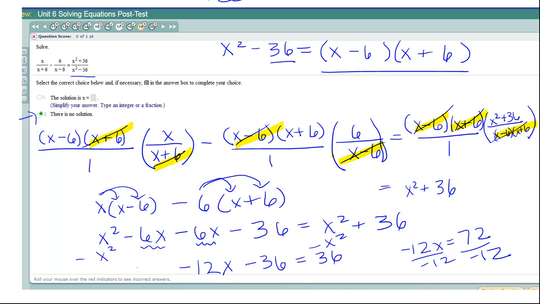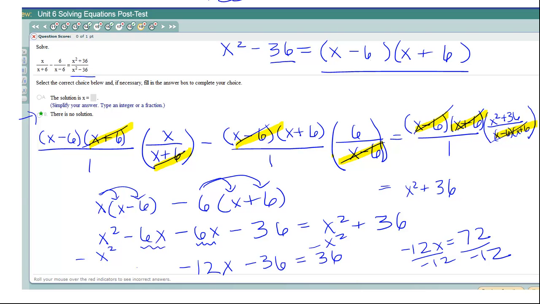And then x times x is x squared, and x times negative 6 is negative 6x, and then negative 36 equals x squared plus 36. I subtracted x squared off both sides. I'm just getting a different answer. I don't know why, so I'll have to look at that further, Elizabeth. Sorry about that, but you can see the steps that we would be taking.